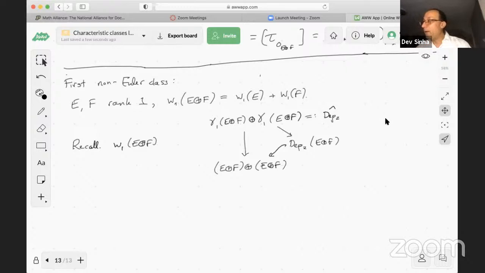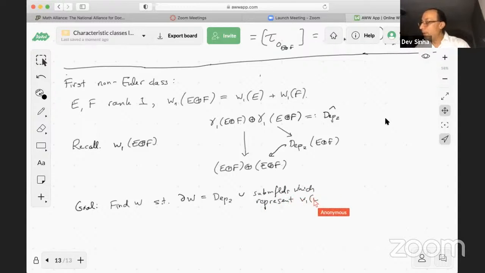So at the level of dep2, the goal is to find a W such that the boundary of W is our dep2 union some submanifolds which represent W1E and W1F.